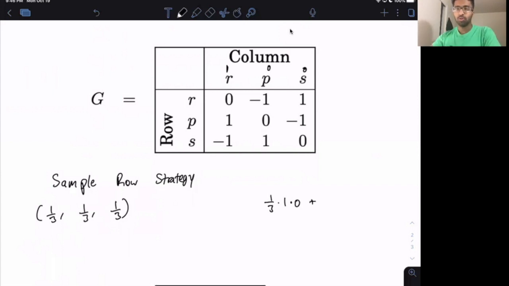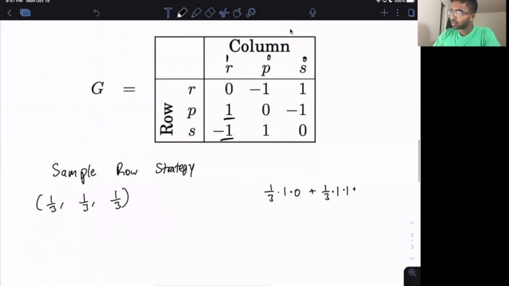Then we just keep iterating through all the possibilities in the table. The probability that row plays paper is 1/3, the probability that column plays rock is 1, and the payoff that we see is 1, right? That's this one. And then the next one is going to be 1/3 times 1 times -1, which is the payoff from it.